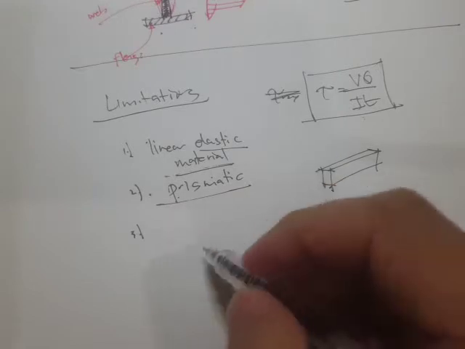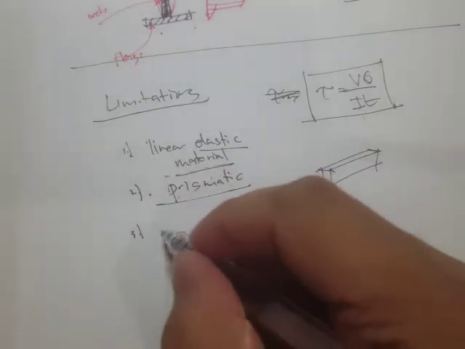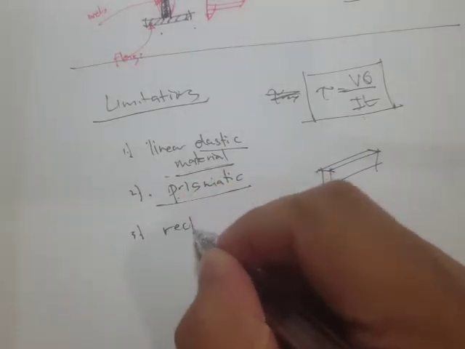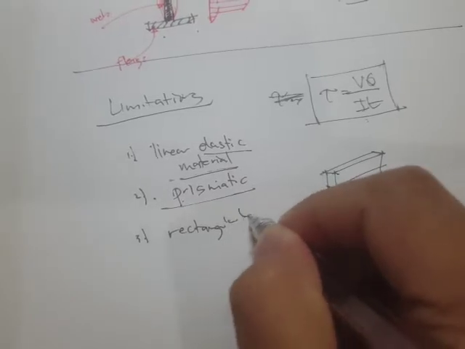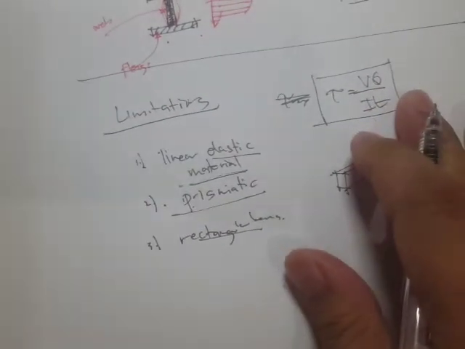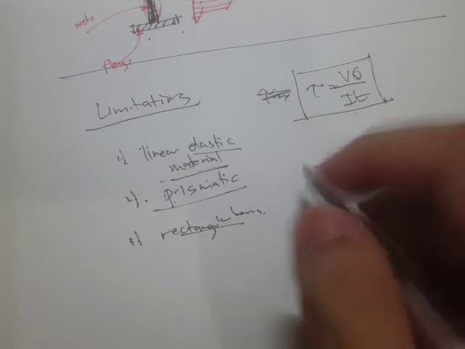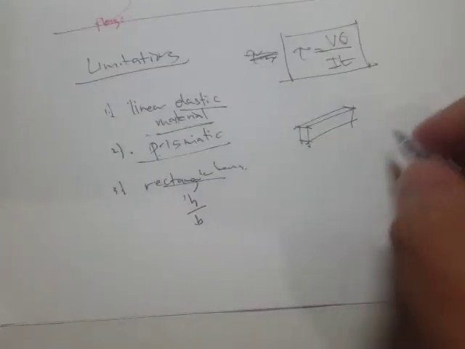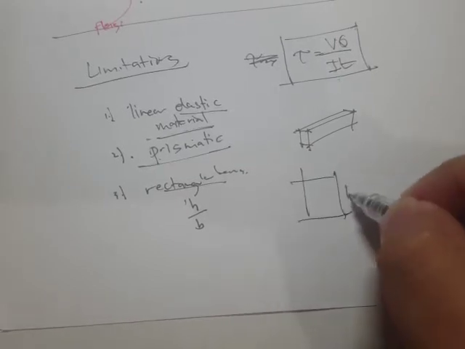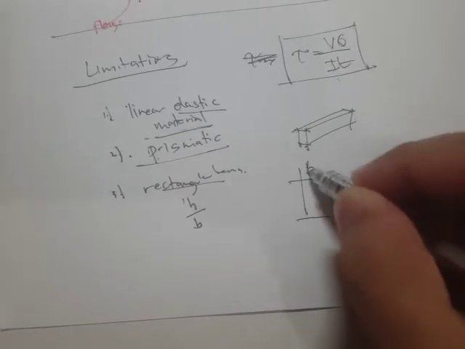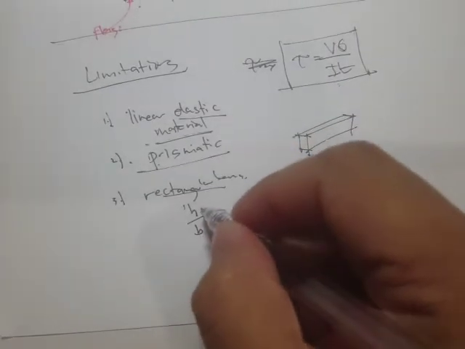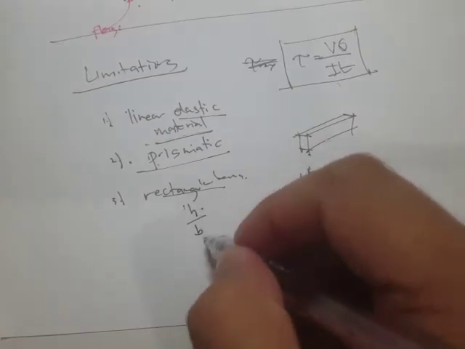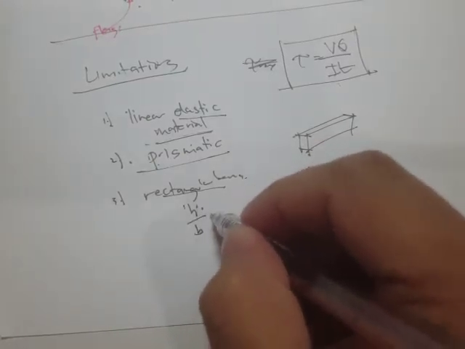And for the third one, for rectangular beams, this is only accurate enough depending upon the height to beam width ratio. If this is our height and this is our width b, it depends upon the height to width ratio.